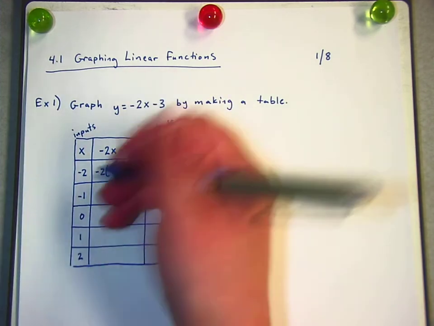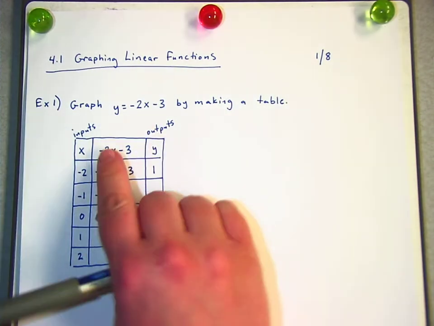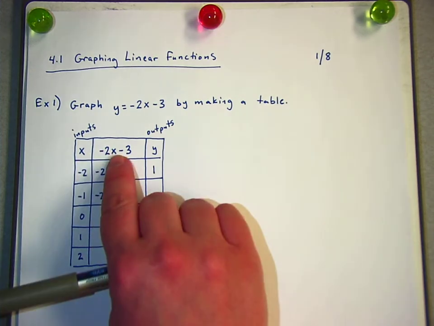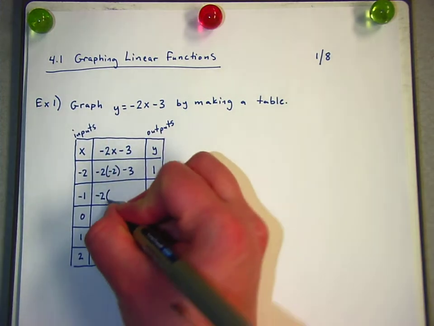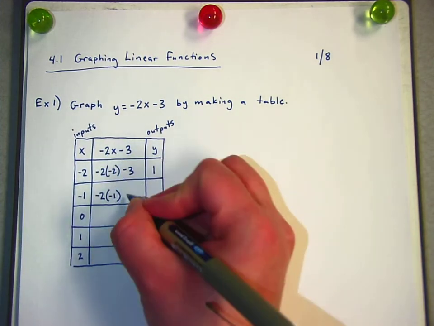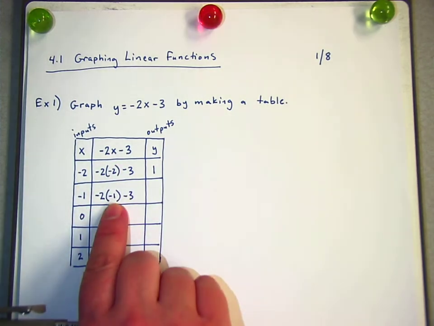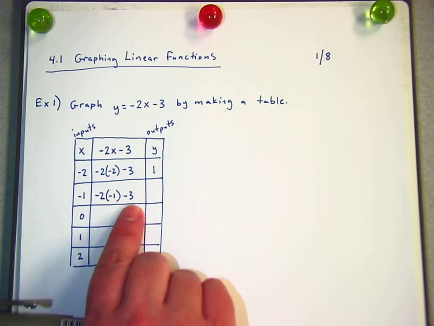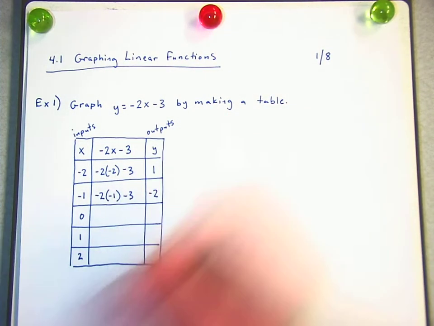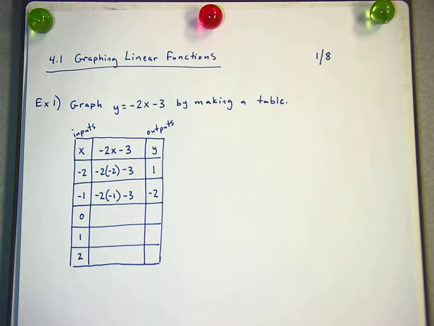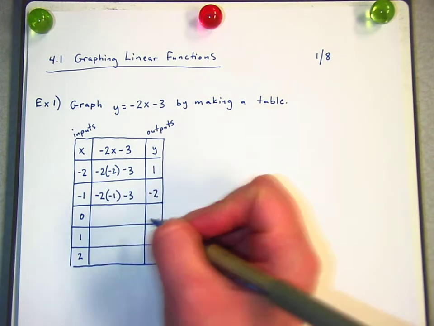Here I've got, again, -2, that's just the top part here, but instead of x, I'm going to write -1, and then subtract 3. -2 times -1 is +2. +2 minus 3 is -2. All right?